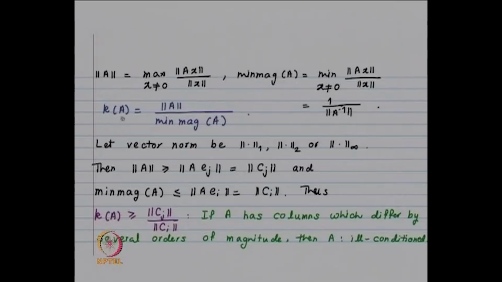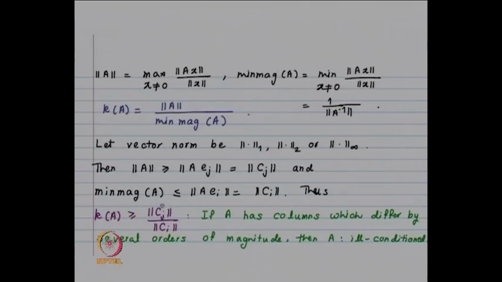So, the condition number of A is equal to norm A divided by the minimum magnification of A. Since norm A is the maximum of all these quotients, if I look at x equal to e_j, the canonical vector with 1 at the jth place and 0 elsewhere, I will have norm A bigger than or equal to norm A e_j, but A e_j is nothing but the jth column. So you get norm C_j.